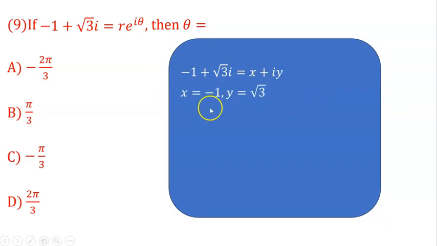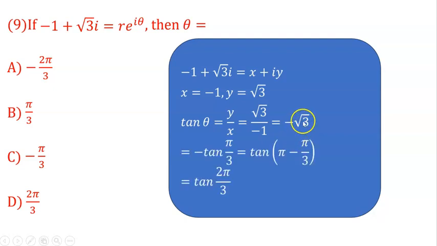The value of x is minus 1, y is root 3. Tan theta equals y upon x equals root 3 upon minus 1, that is minus root 3. This is nothing but minus tan of pi by 3, and by using trigonometry we have tan of pi minus pi by 3, which is tan of 2 pi by 3, and hence theta equals 2 pi by 3, and hence option D is correct here.